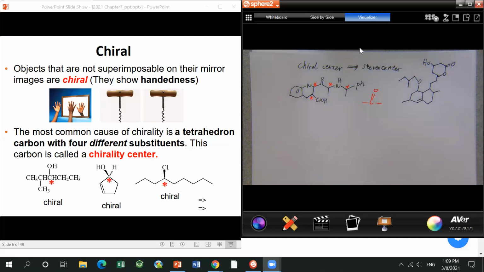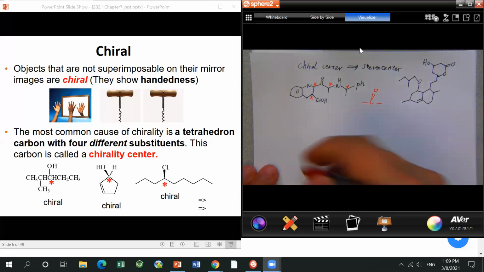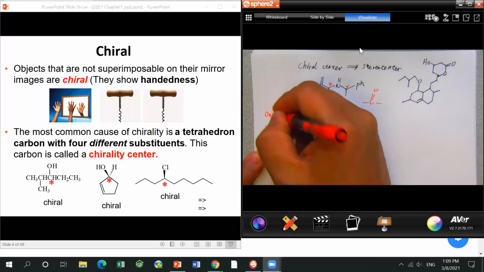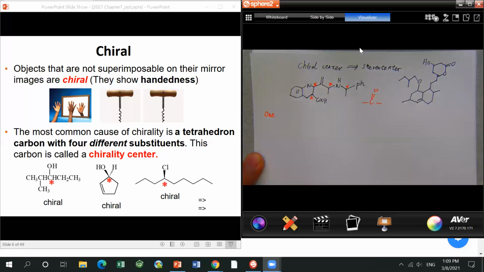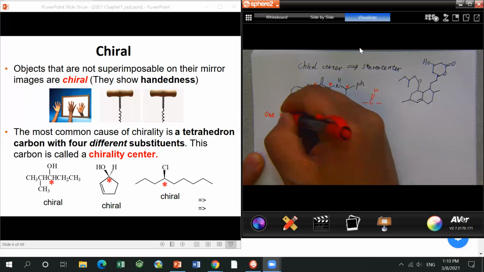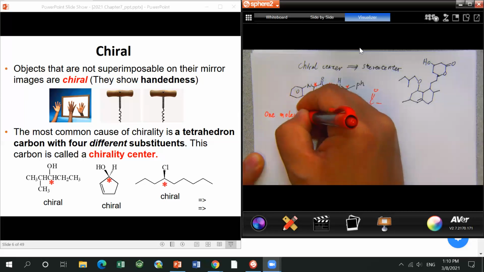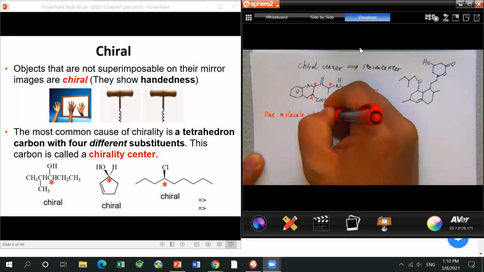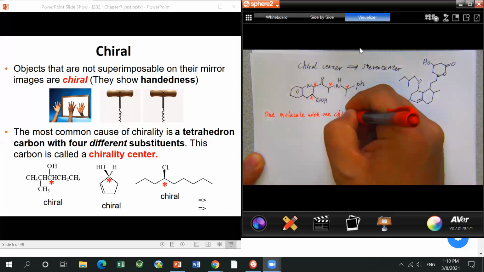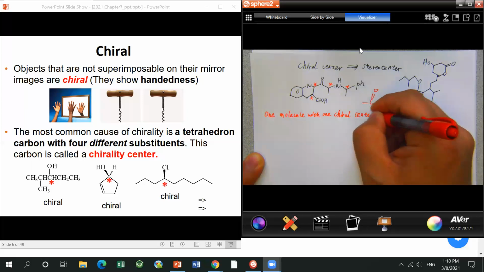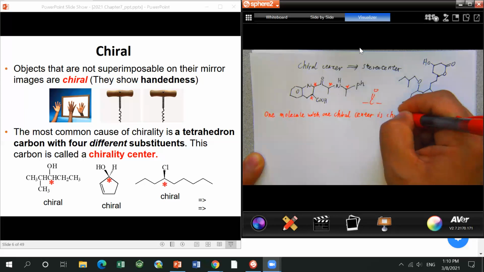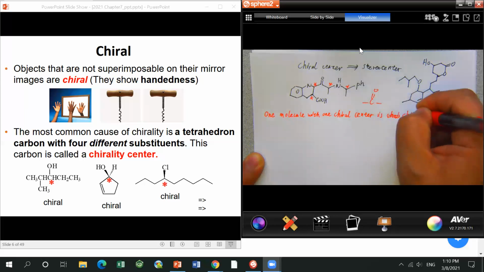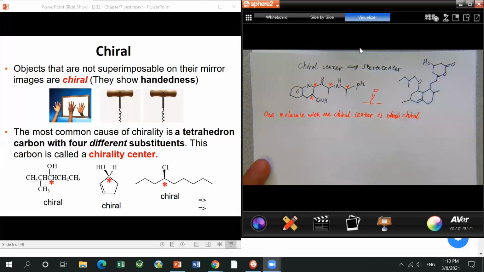One thing to keep in mind, maybe write it down here: for one molecule, if there's only one chiral center, this molecule must be chiral.